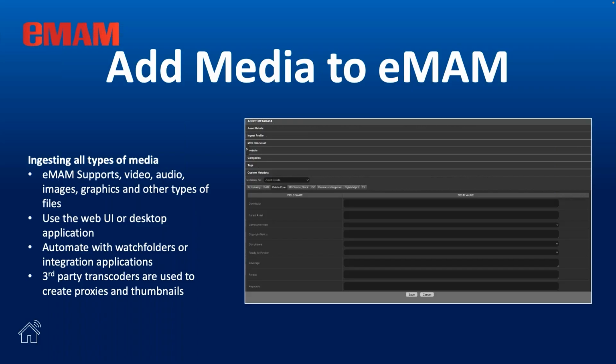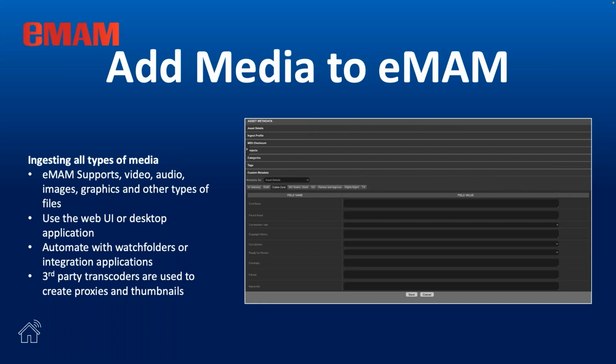Do we create a mezzanine copy or just a proxy copy? You assign it to categories, to projects, and then tag it with metadata, both custom tags. You have different types of custom metadata you can build out as well. That's up to you. And then of course, we also keep track of file property information and who uploaded the media and so on. So that all gets uploaded into the MAM system.